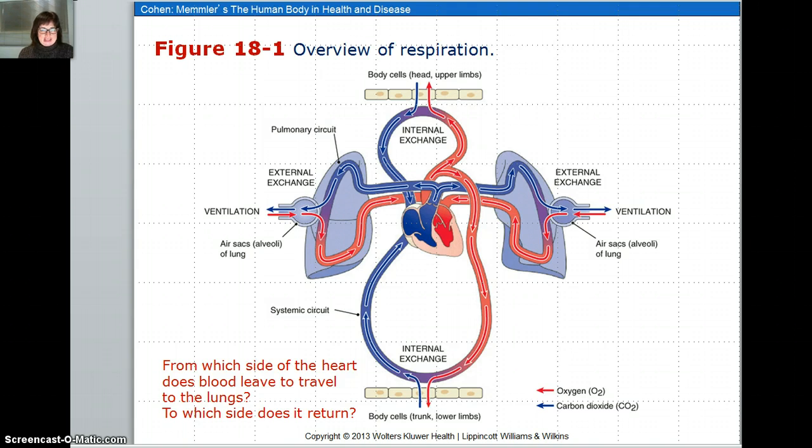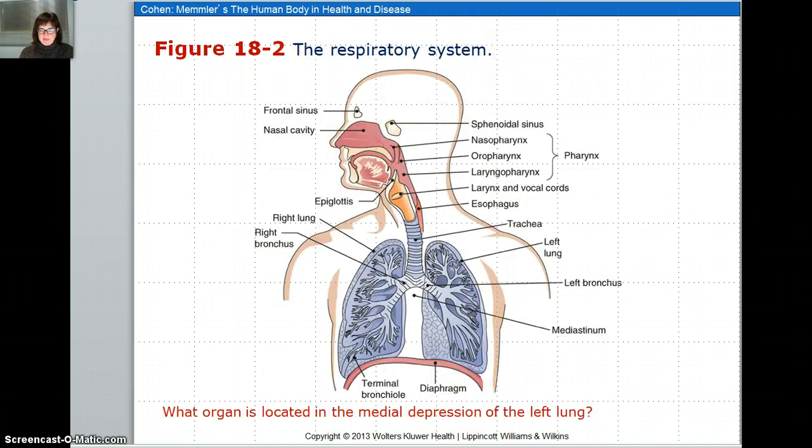When we look at the structures of the respiratory system, you mainly have two ways of getting air in, the nasal cavity and the oral cavity or the mouth. The advantage of breathing through your nose or your nasal cavity is that your nose has hair to filter, a good blood supply to warm, and a lot of sinuses to moisten.